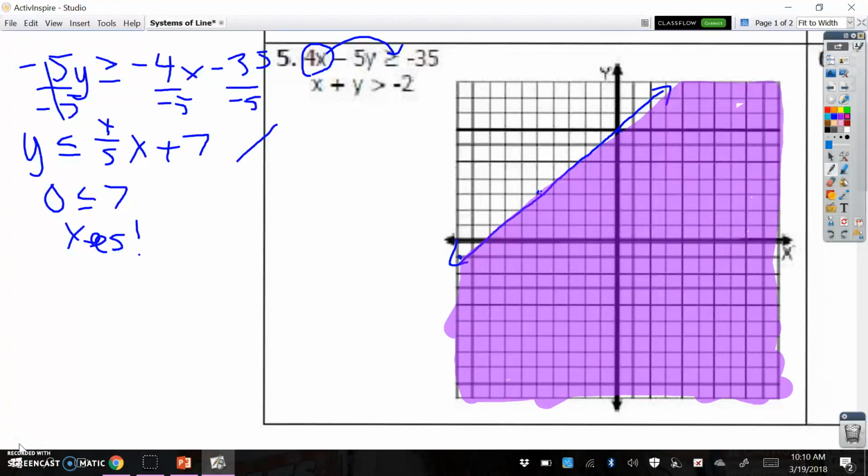Need to move this one over. So we have y is greater than negative x minus 2. That one's done. So you start at negative 2. The slope is going to be a negative 1 over 1. Now is this solid or dotted? It's dotted.